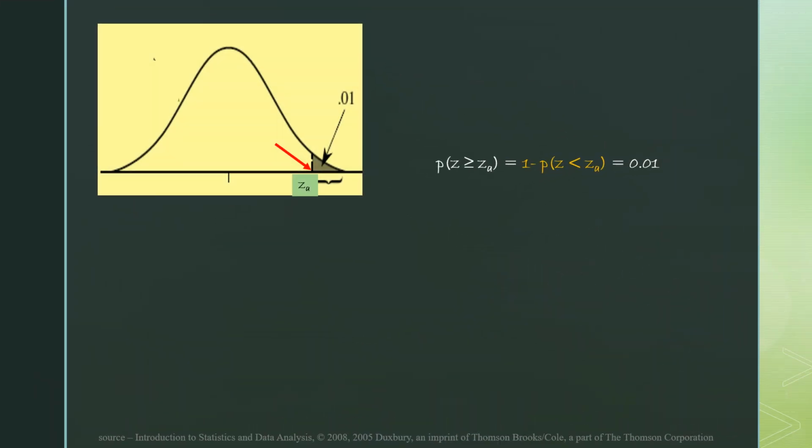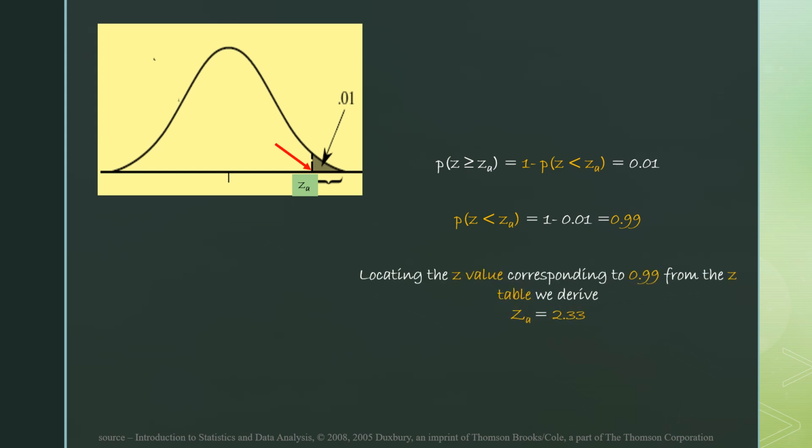The probability of z greater than or equal to ZA equals 1 minus the probability of z less than ZA, which equals 0.01. Thus, the probability of z less than ZA equals 1 minus 0.01, which equals 0.99.